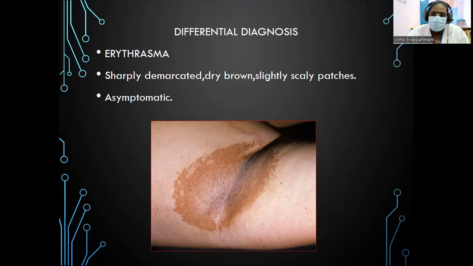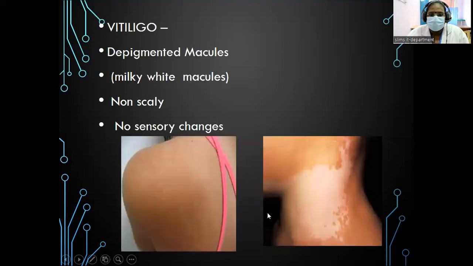Corynebacterium minutissimum is the causative organism, characterized clinically by sharply demarcated, dry, brown, slightly scaly patches, an absolutely asymptomatic condition, common in obese individuals in the flexural areas. Erythrasma is the commonest differential diagnosis for the hyperpigmented or chromic type of pityriasis versicolor.